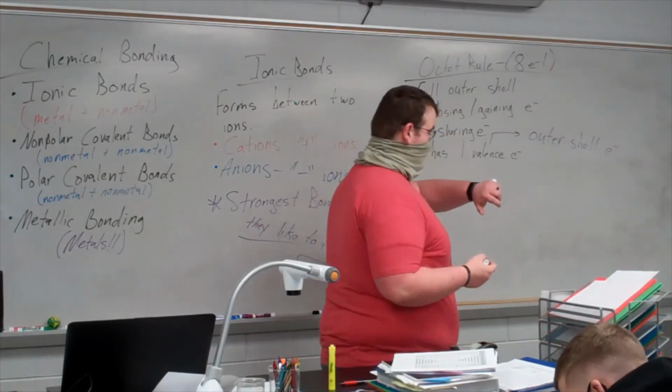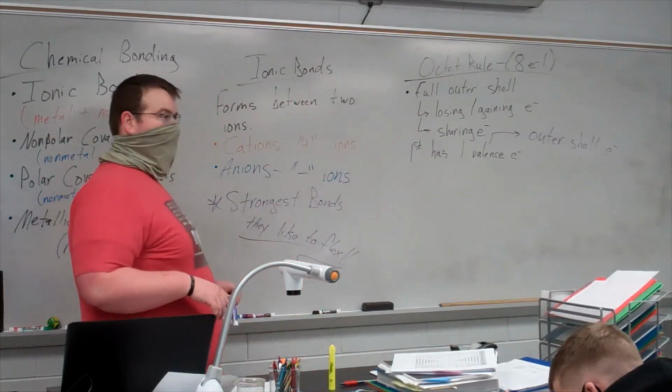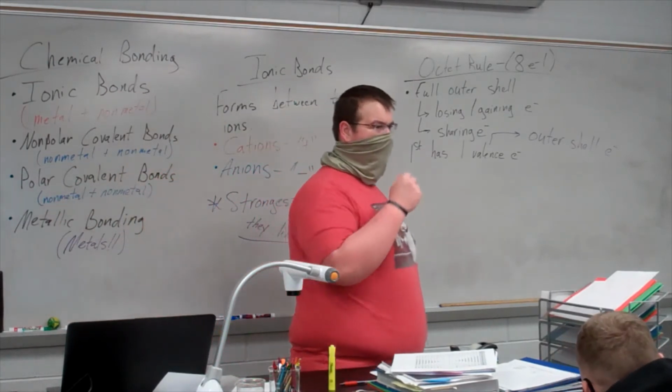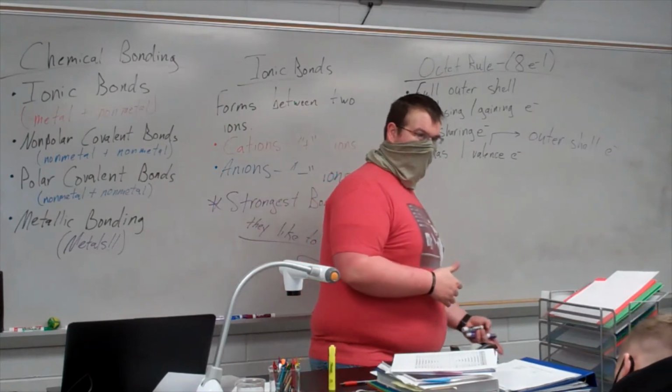So these are the guys that are just stuck on the outside. They're the outermost. So breaking that down based off the principal quantum number, which is N, which tells you energy level.